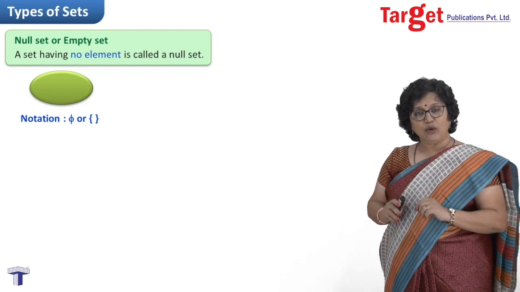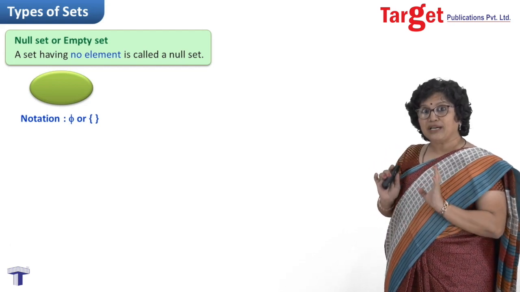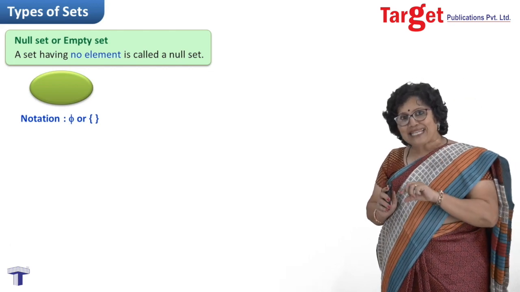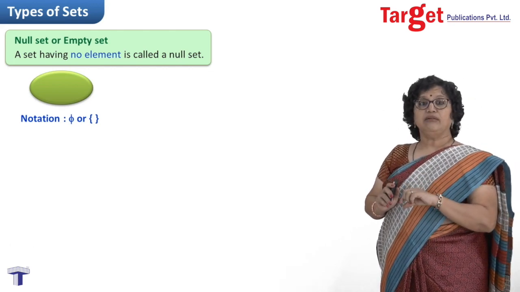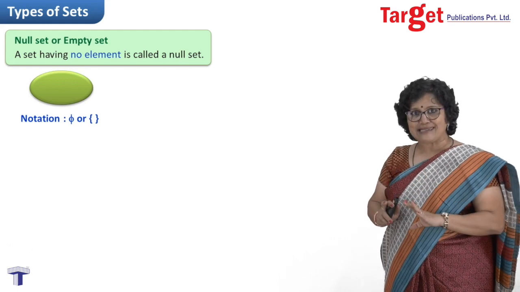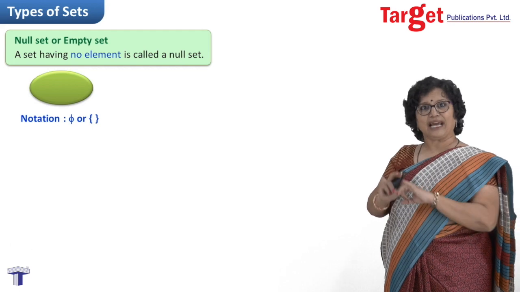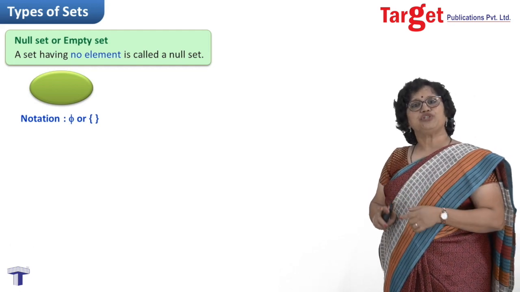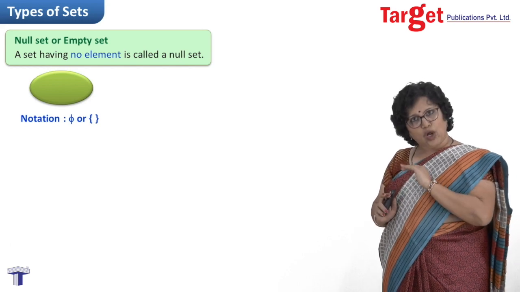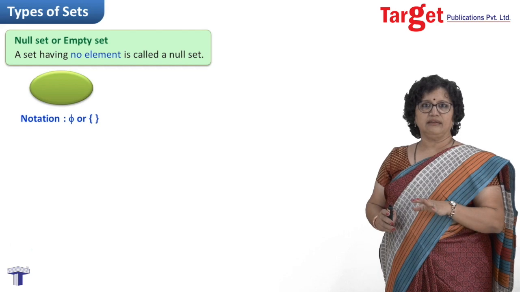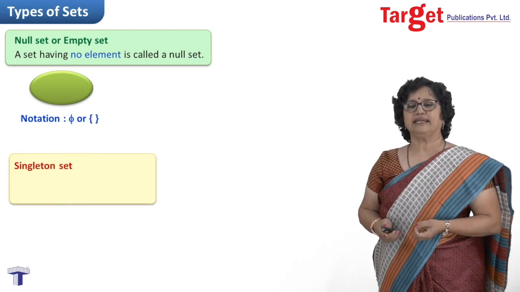If you write phi, mind you, please do not use curly brackets outside. I mean, do not place that phi, the symbol, within curly brackets. If you are using phi for null set, we do not write curly brackets from outside. I hope everyone is clear. Either you just show two curly brackets, do not write any element inside, or you use the notation phi. That is the notation for empty set.